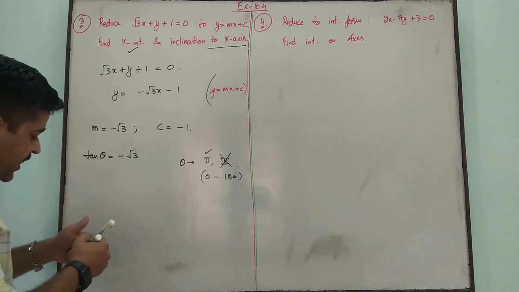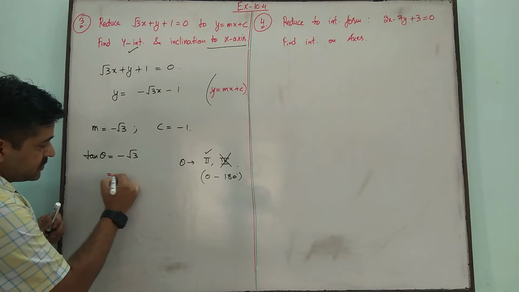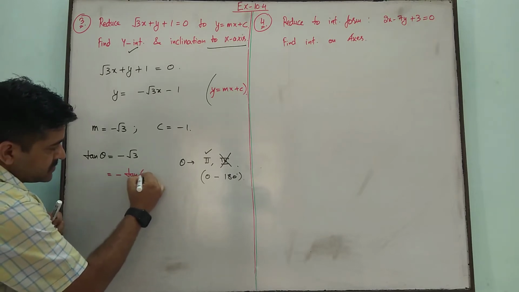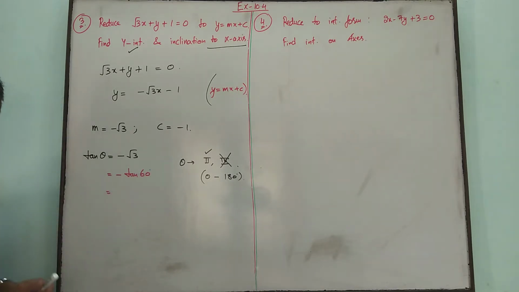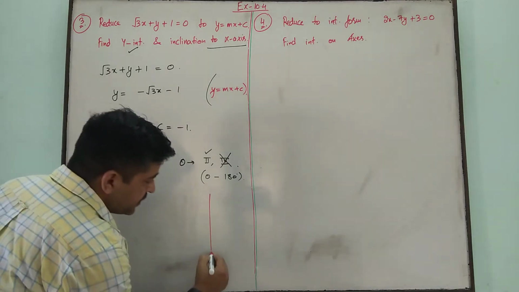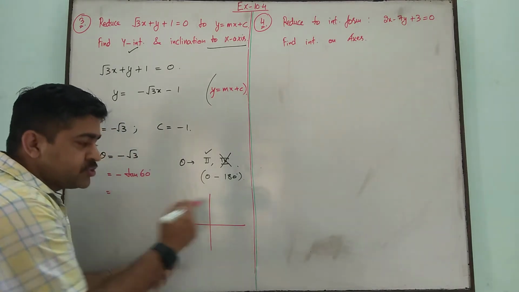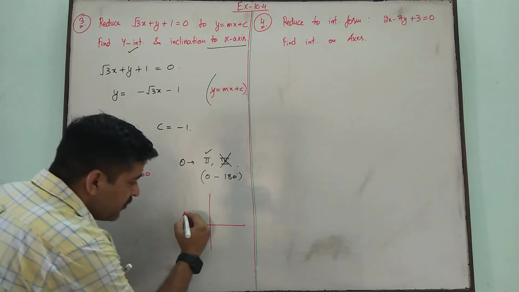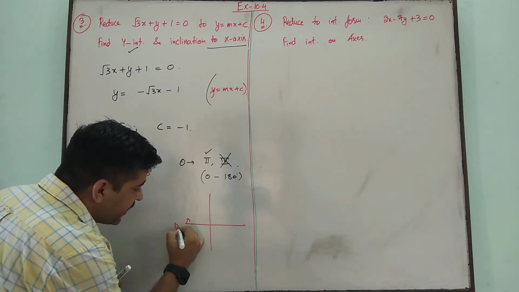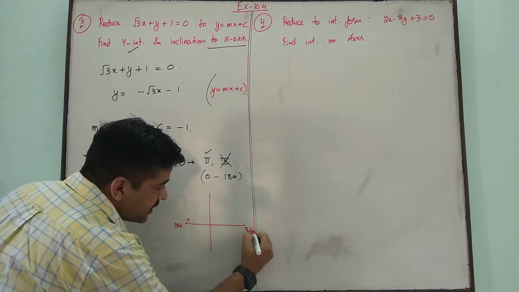So in second quadrant, if you write this as tan 60, how to convert it to second quadrant? The concept is to change the quadrant, we will use either 180 degree angle or 360 degree angle.